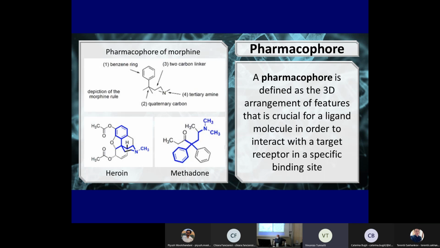Why is this concept so important? Because we can minimize the complex structure of particular compounds, maintaining the same biological activity. So we can use a less complex molecule to have the same result.